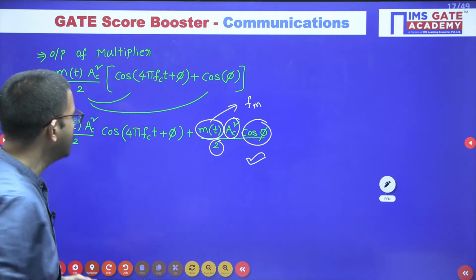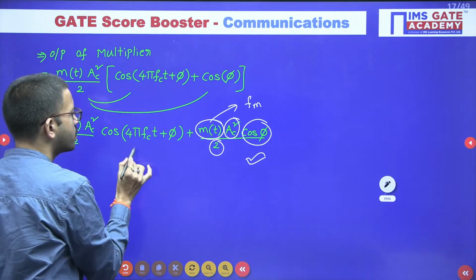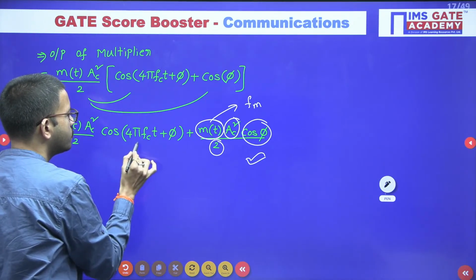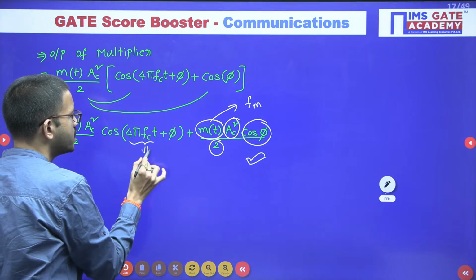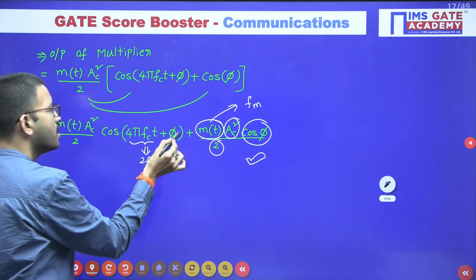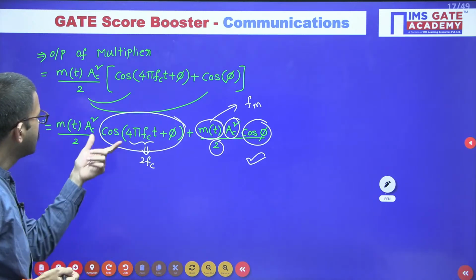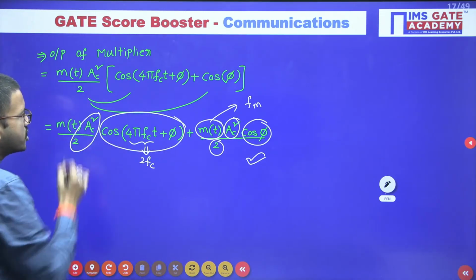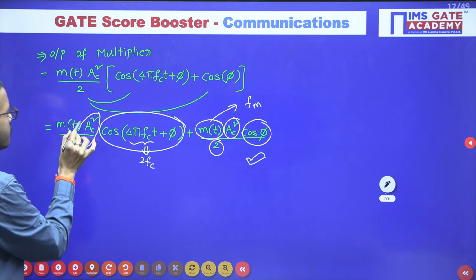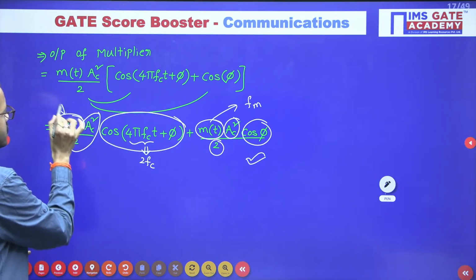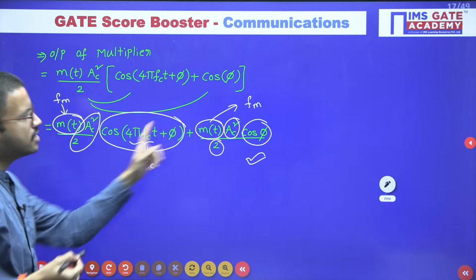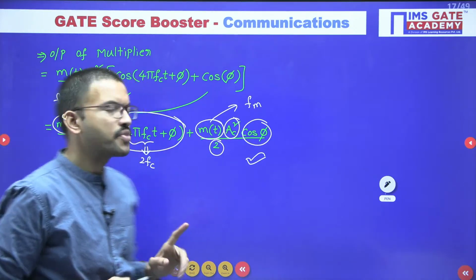What about the other term? Here you are getting the 2 pi fc format, so the frequency is 2fc. Here AC square by 2 is constant, but regarding m of t, the frequency is fm, just like in the previous term.